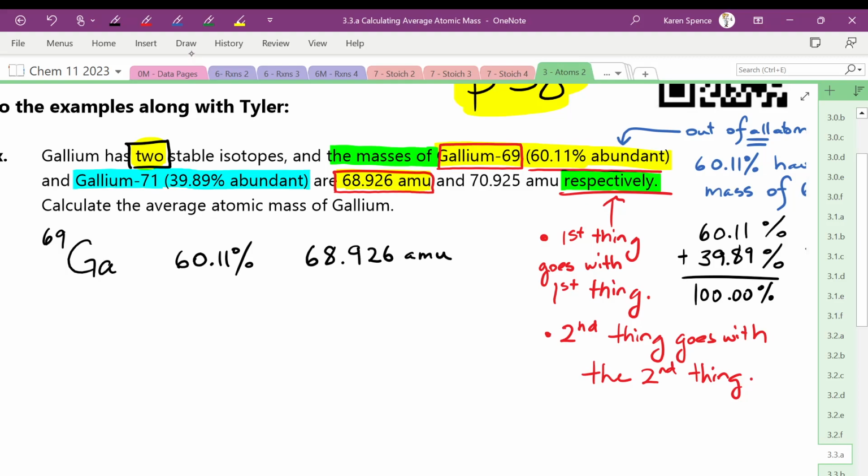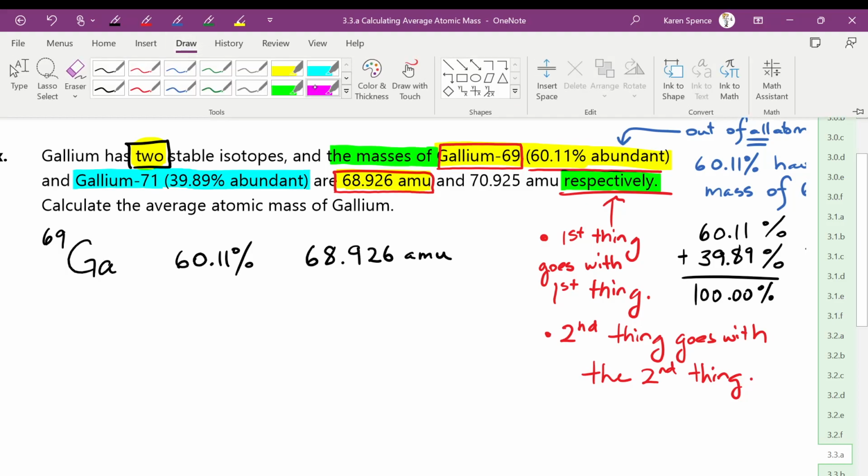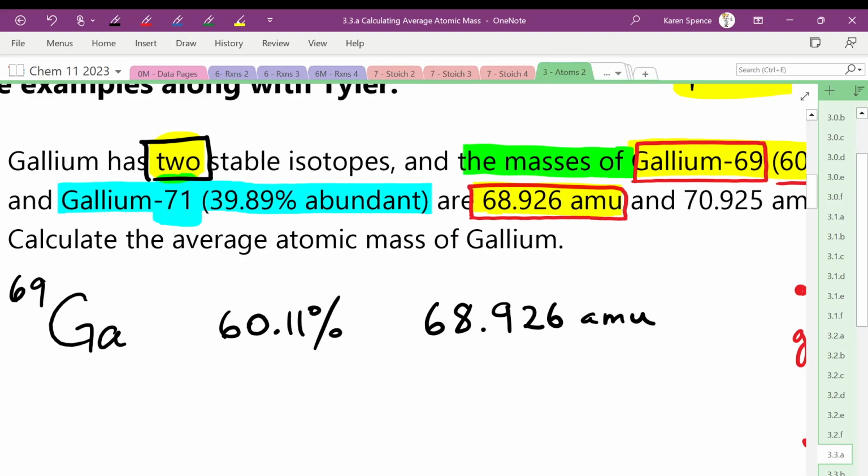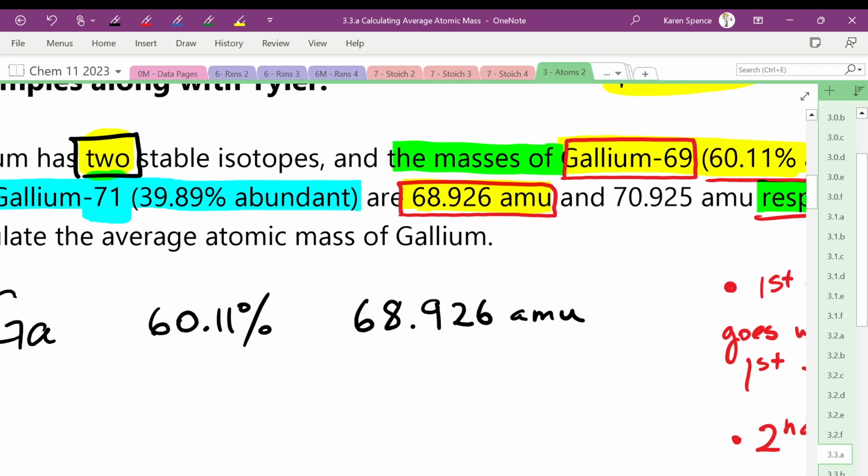Now, the second one that I've highlighted in blue, the gallium-71, okay, the gallium-71 has a mass of 70.925 AMU because that's the second one and it goes with the second mass.